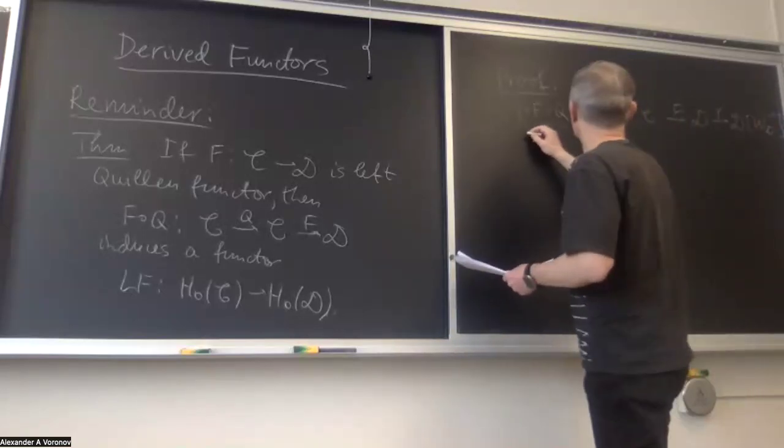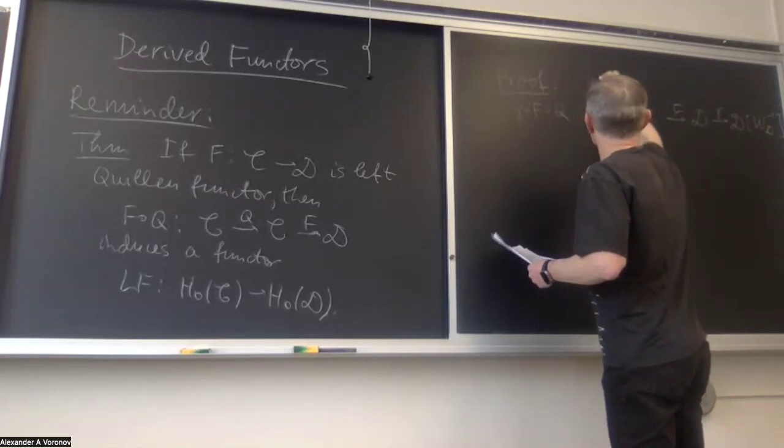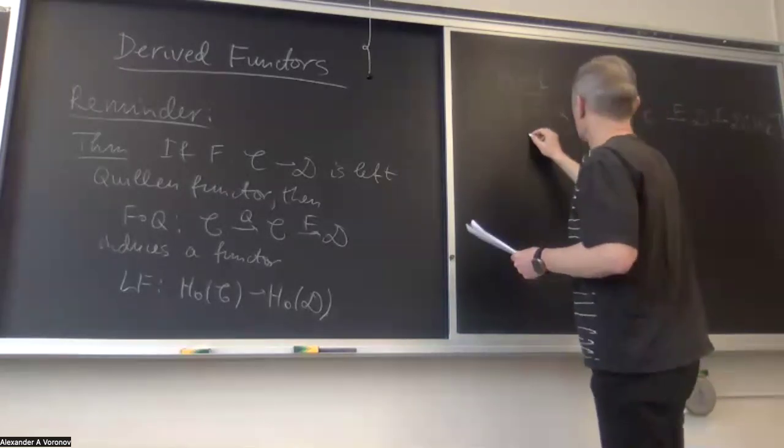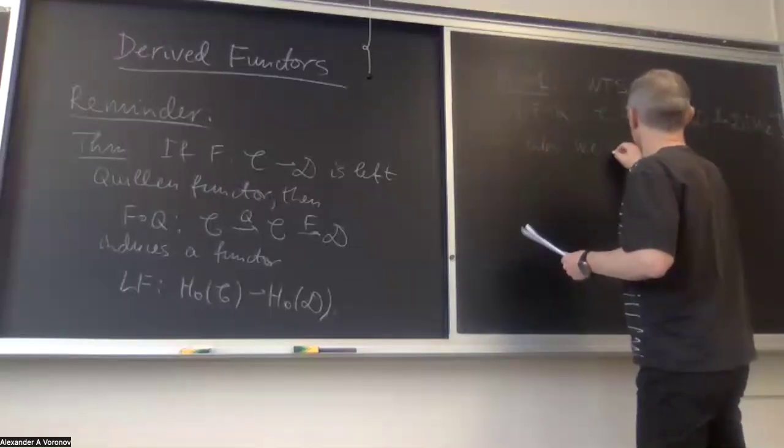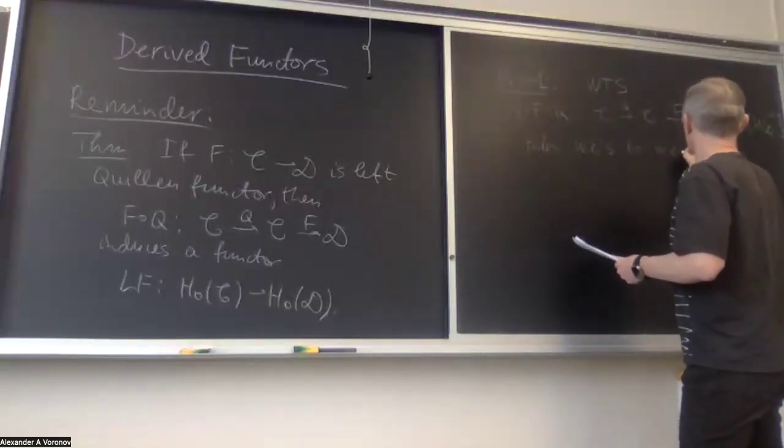So I want to show that this functor takes weak equivalences to weak equivalences.